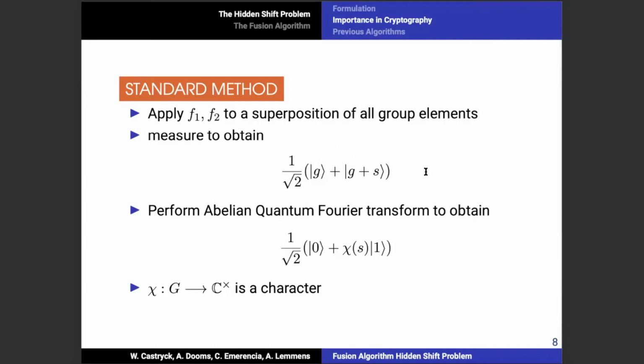Afterwards, we apply the Abelian quantum Fourier transform on this state, and we measure a character of the group randomly. So then our state collapses into a superposition of 0 and chi of S. So this is the way to construct the states depending on a character chi of the group G.